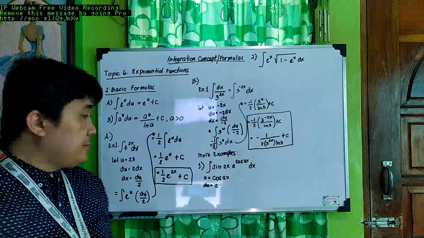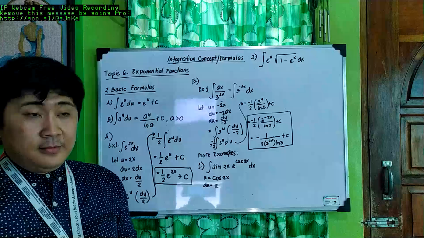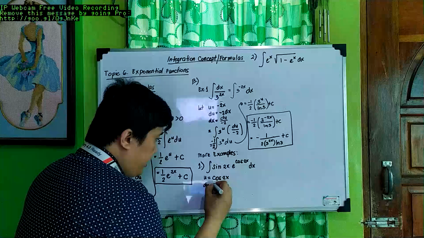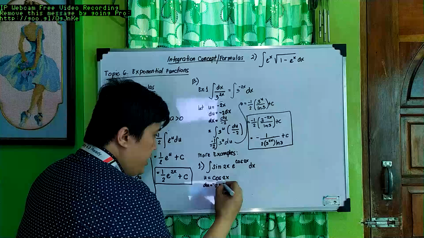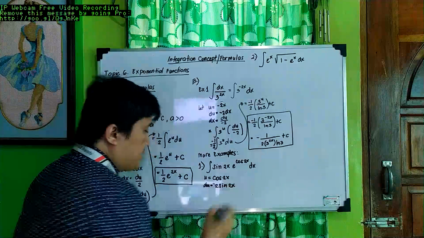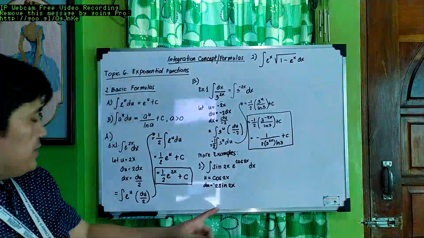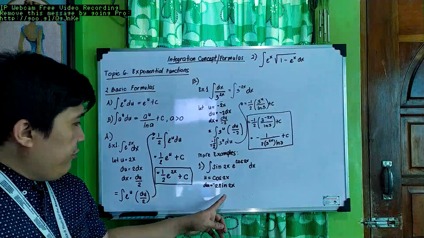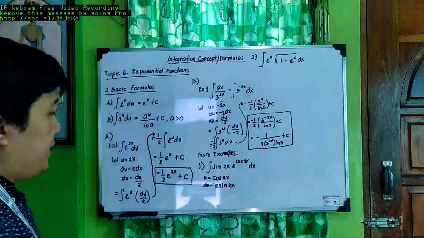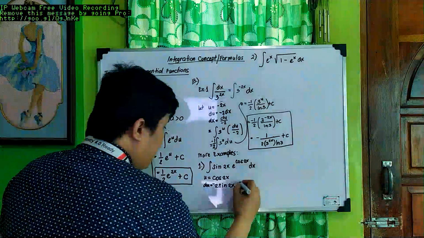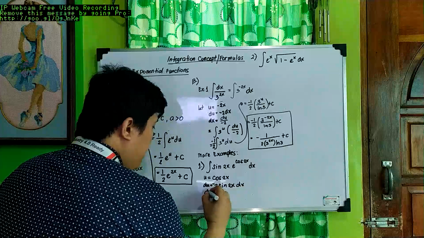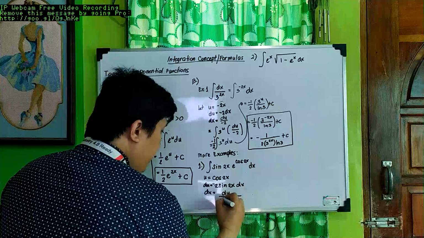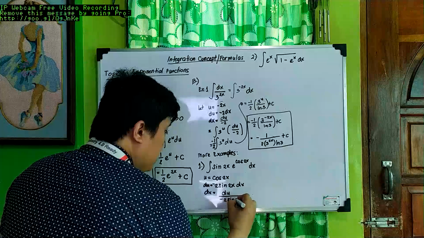That is negative sign. So you have negative 2 sine 2x dx, because the derivative of sine is positive cosine, so the derivative of cosine is negative sine. And our dx will be equal to du over negative 2 sine 2x.